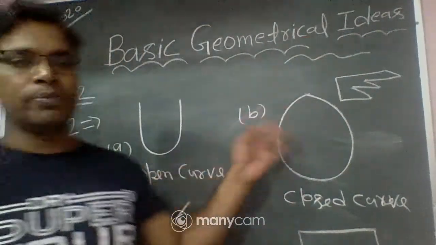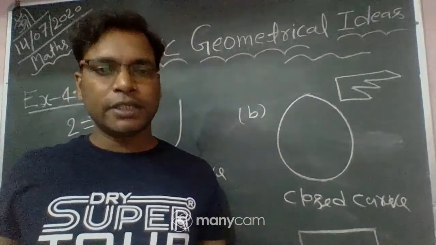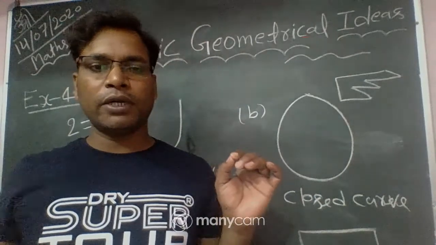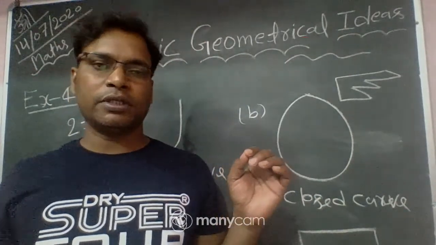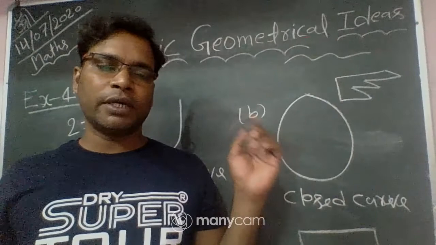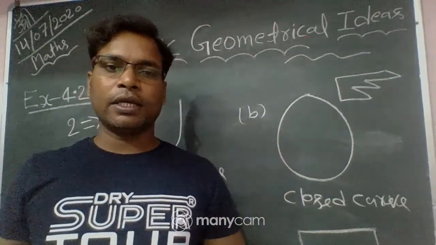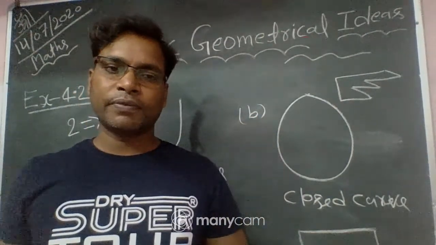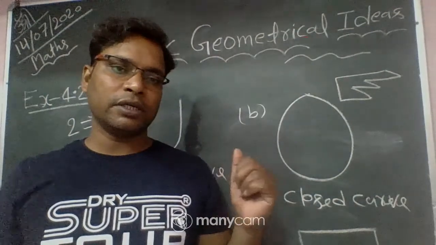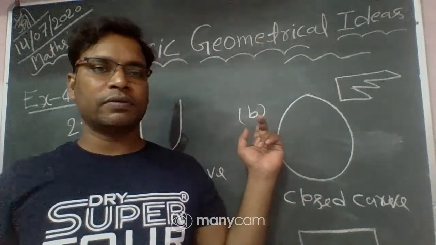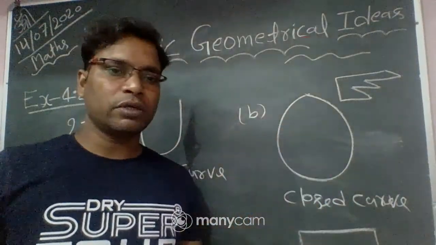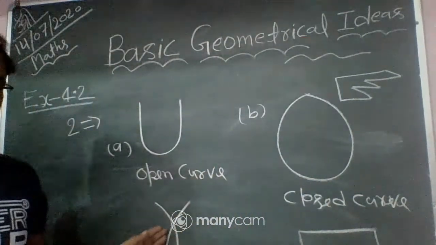Closed curve, open curve, closed curve. If the initial point and terminating point or end point are at different places, that curve is an open curve, and if the initial point and the end point are the same, then you can say it is a closed curve.